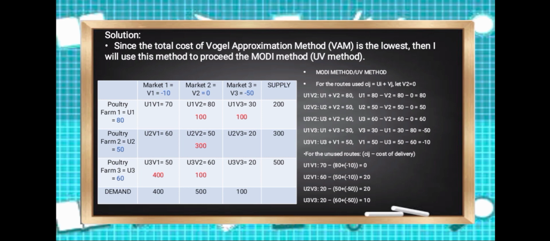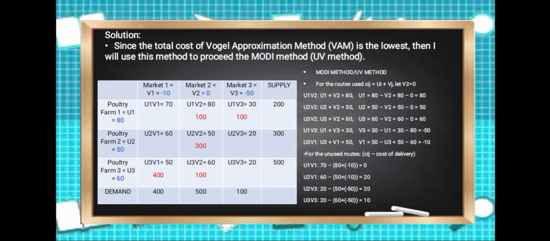U1 V2 is equal to 80, so U1 plus V2 is equal to 80. Since we have the value of V2, we can find U1. U1 is equal to 80 minus V2, which is 80 minus 0, so U1 is equal to 80.